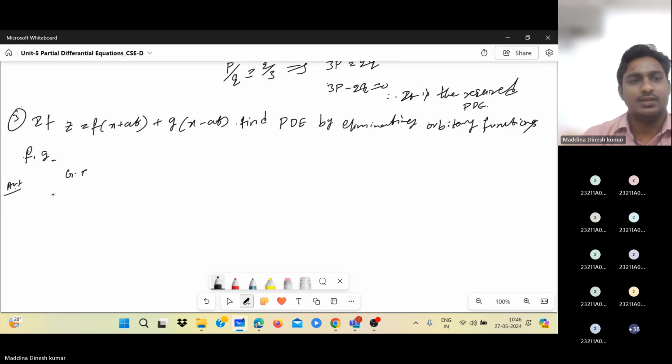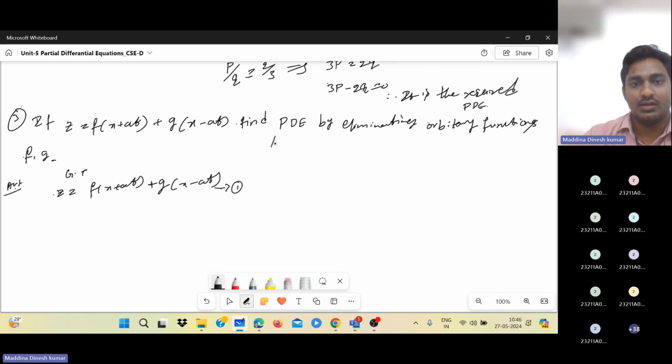Given that z equal to f of x plus at plus g of x minus at, we give it as equation number 1.